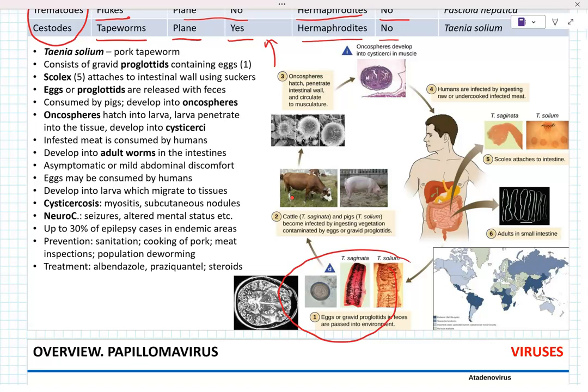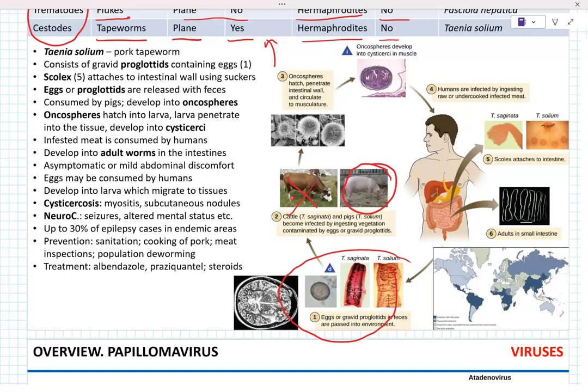When an egg or a proglottid, which is full of eggs, is consumed accidentally by a pig, we're not talking about cows now, by a pig, this egg hatches. The larva hatches in the intestine. The larva penetrates the intestine and ends up in the pig's muscle.